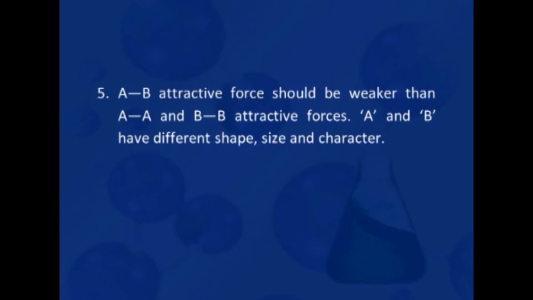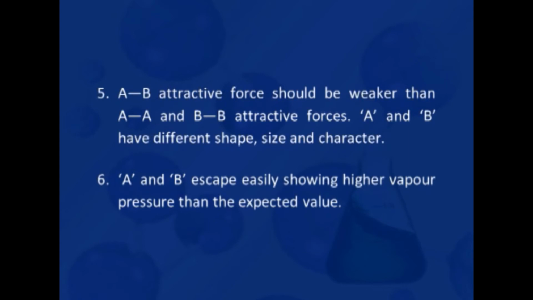Solvent-solute attractive forces should be weaker than solute-solute and solvent-solvent attractive forces. Solute and solvent have different shape, size and character. Solvent and solute escape easily, showing higher vapor pressure than the expected value.